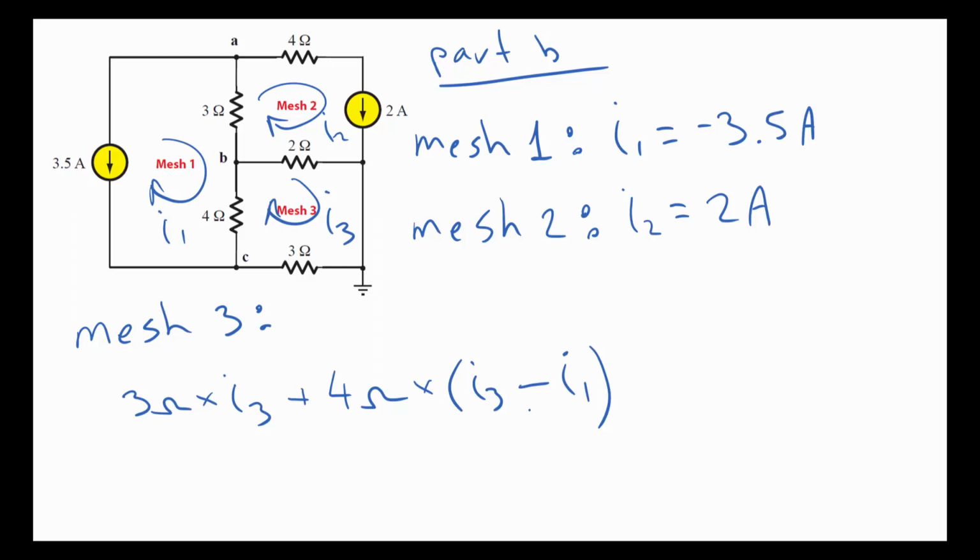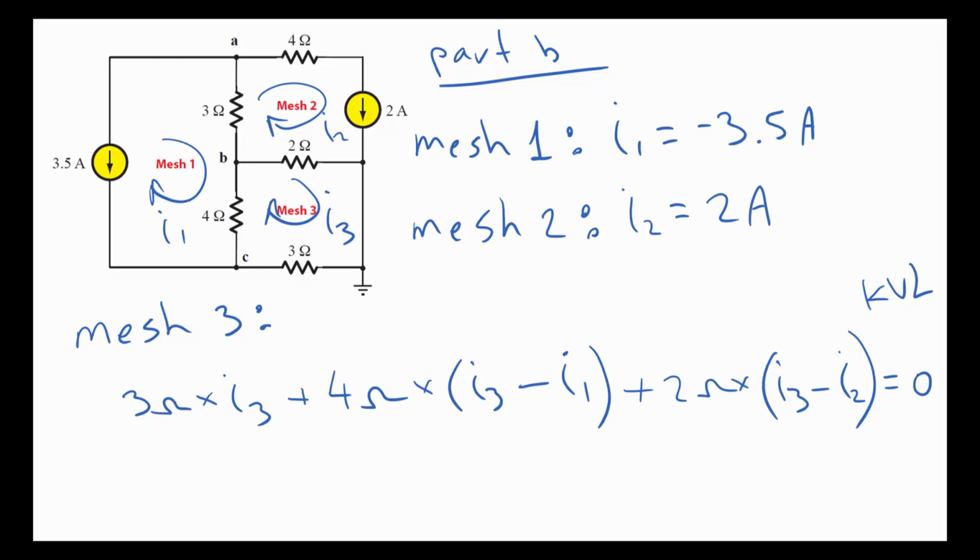Okay, so then now let's do the 2 ohm resistor, and we see that there are 2 mesh currents associated with it. So we have 2 ohms times I3, and then I2 is in the opposite direction, so we say minus I2, and that's equal to 0, and that is because of KVL.